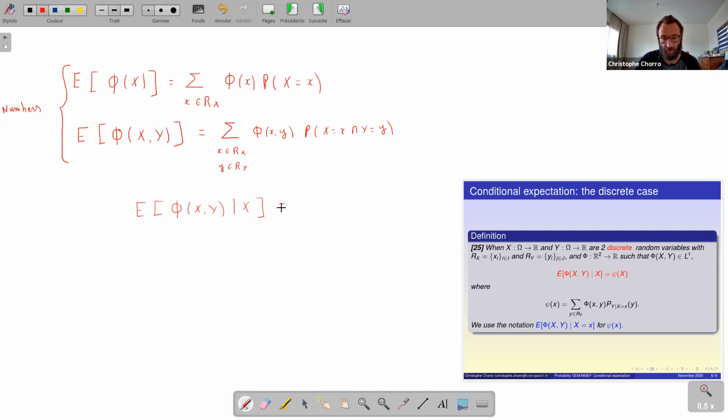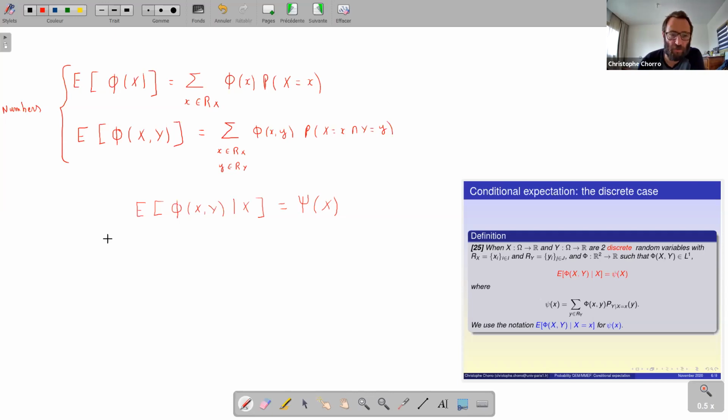Okay, so first of all, and it's something really important to keep in mind, contrary to what happened for the expectation, the conditional expectation is in general not a number, it's a random variable itself. And a random variable that takes a very particular form, that is psi of capital X. Okay, so this is the way you write a conditional expectation.